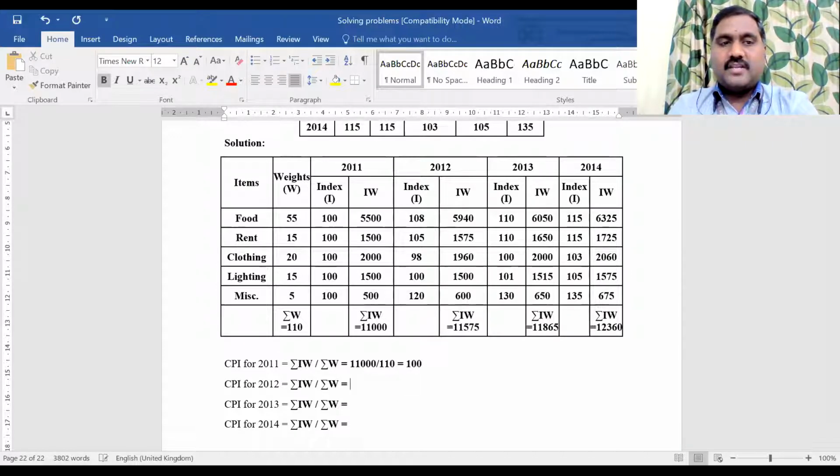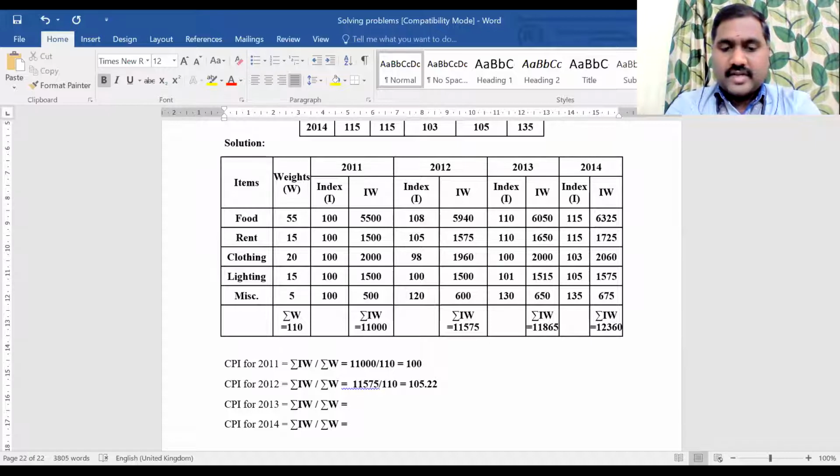And similarly, 2012. Varsha has given the answer for all the years. 11,575 divided by 110, which is equal to 105.22. Very good.